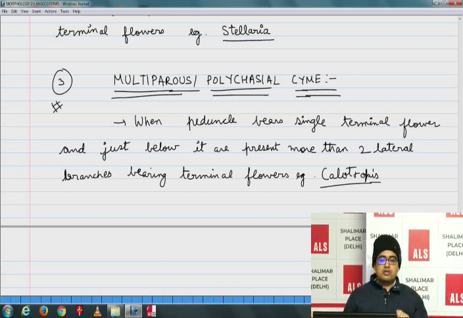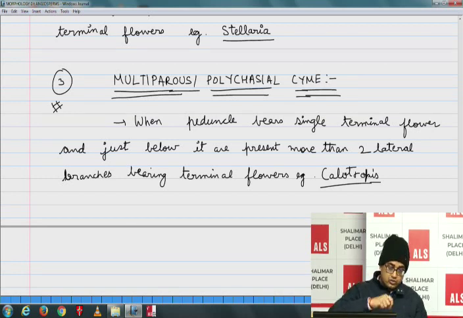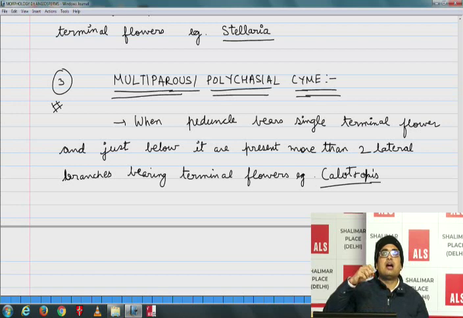In racemose inflorescence, the growth axis of the plant is indefinite, and because of this indefinite inflorescence axis, the flowers will continuously bloom as the floral axis is growing upwards.